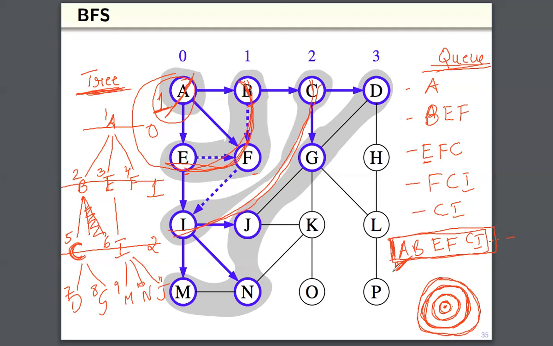We used a counter. If count is 0, it is unvisited. If count is non-zero, say 3, 4, 17, 1 billion, then it is visited. And the visit number is that count itself. Right? Make sense? Questions?